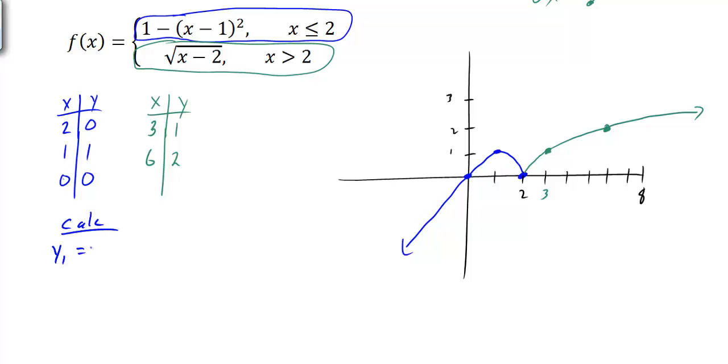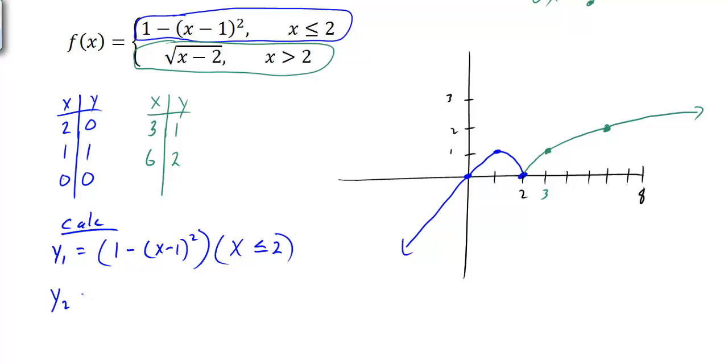You would have y1, and we're going to put parentheses, 1 minus parentheses x minus 1 close parentheses squared, and then close the whole thing in parentheses. Then you open another parentheses and type in x is less than or equal to 2. So that's the first part.